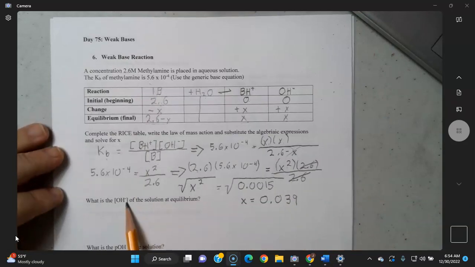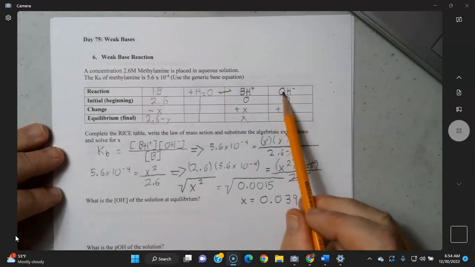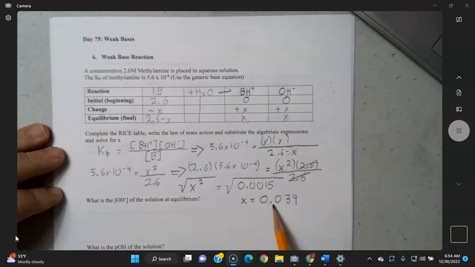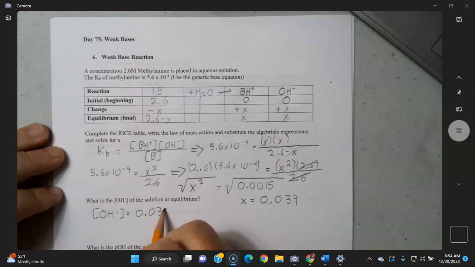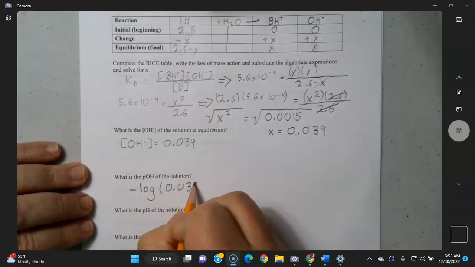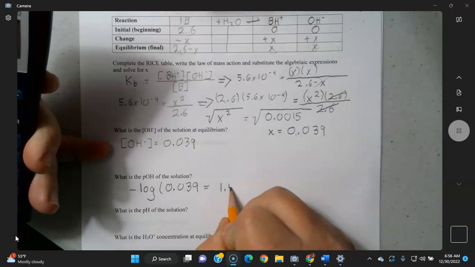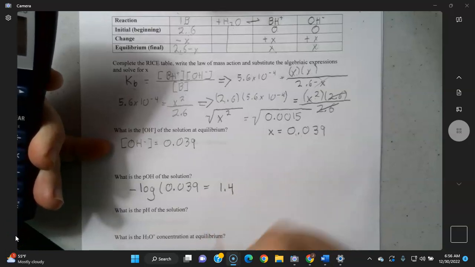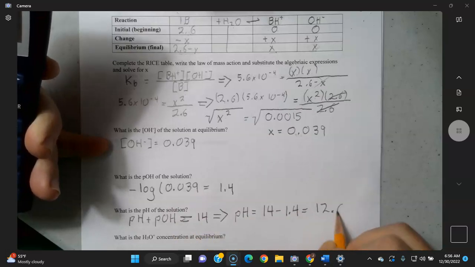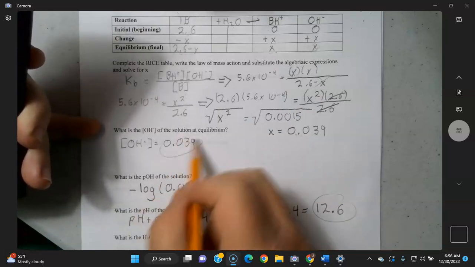What's the hydroxide ion concentration? So here's hydroxide, and the concentration at equilibrium is X, and that's this value right here. Okay, now what's the pOH? pOH is negative log, and that gives us 1.4. pH. Okay, so there's the pH right there.